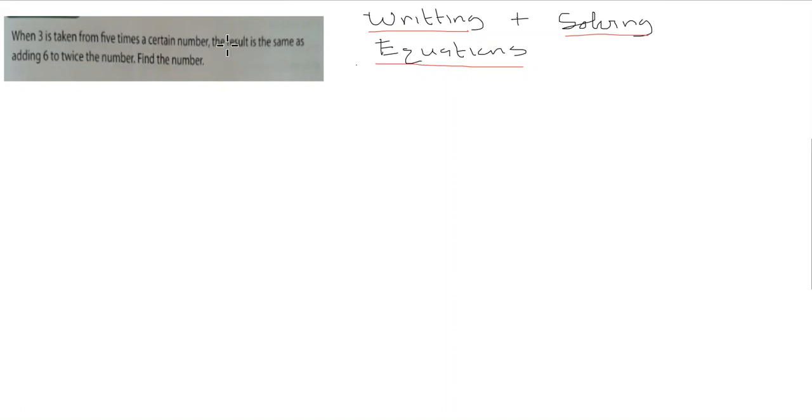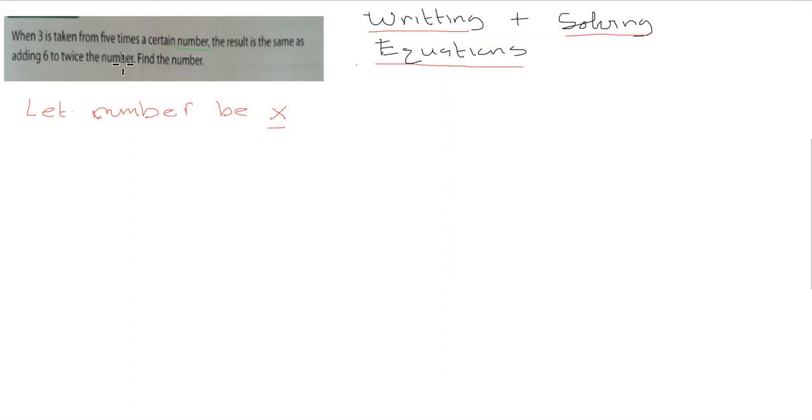The whole idea is you're trying to find this unknown number. So the first thing you want to do is let the number be x. So x is unknown.